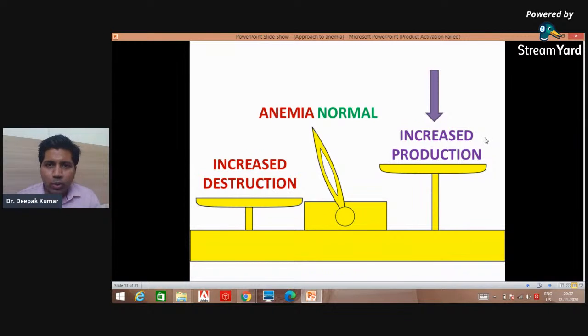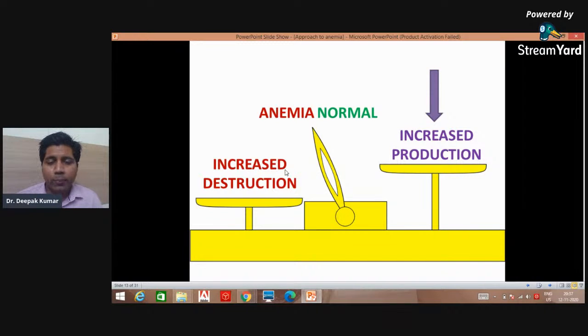So let's get back to the approach again. One thing I discussed was that what caused anemia was increased destruction, like hemolysis. Well, regarding the definition of hemolysis, the anemia caused by destruction of RBCs, you can't phrase the sentence as anemia due to increased destruction of RBCs.